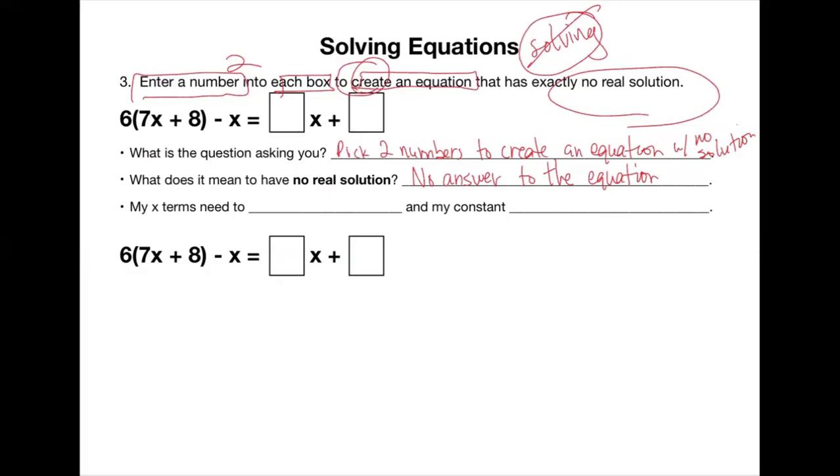We talked about this the last question we did. There are different types of solutions to an equation. You can have infinitely many, go and write this down, solutions. You could have no solution. Or you could have one solution.